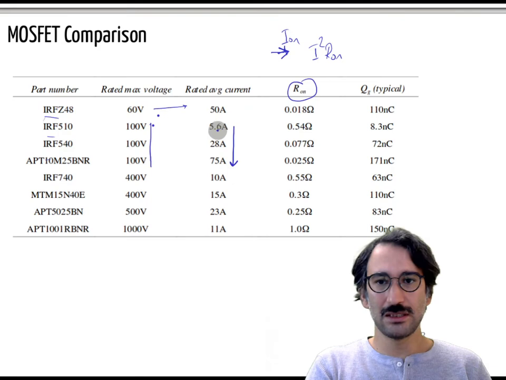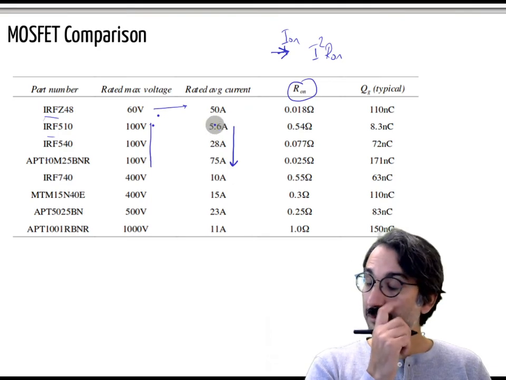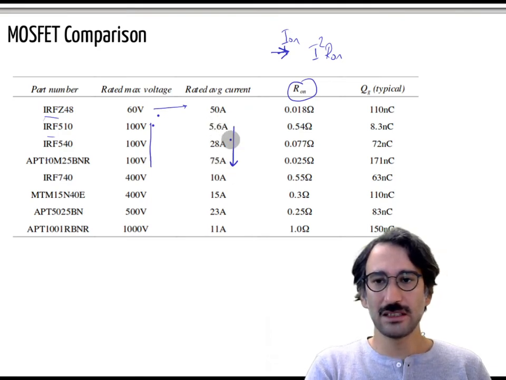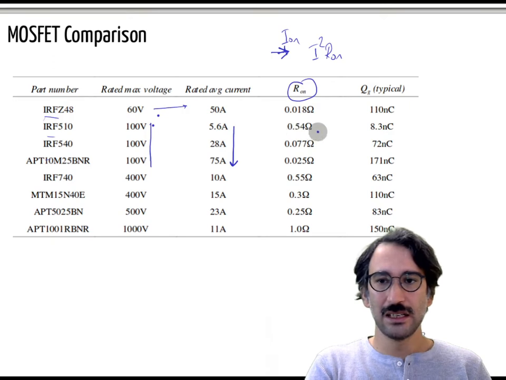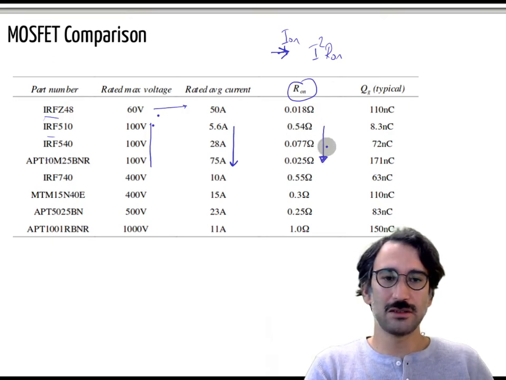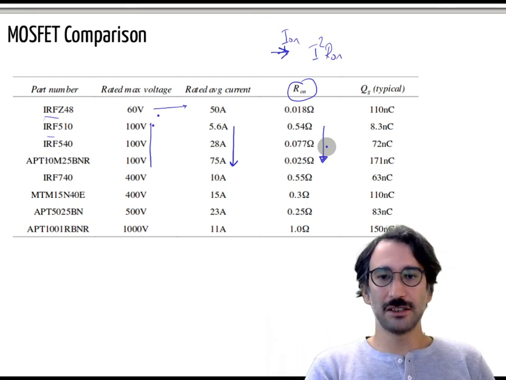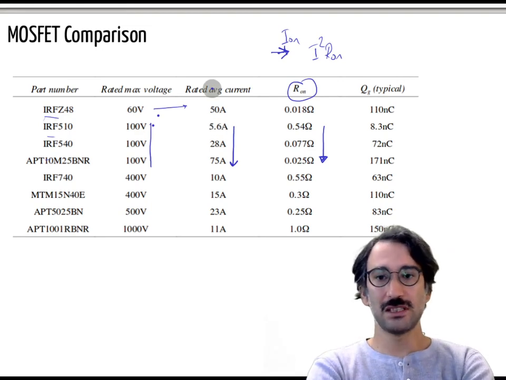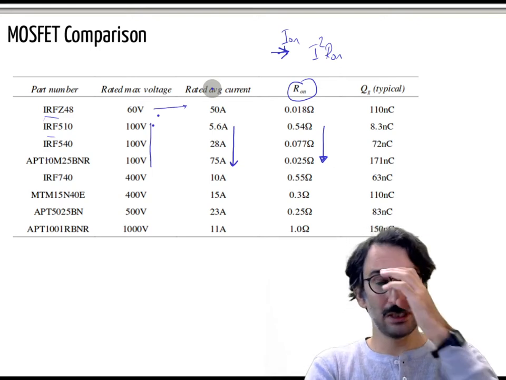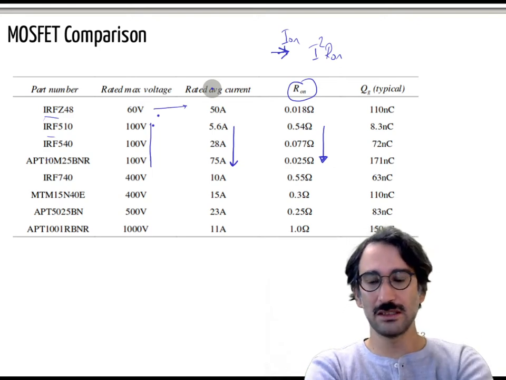Anyway, as you can see here, as the current rating increases, the on resistance gets smaller and smaller, because basically they are making the wafers bigger to carry more current, and it has the same effect as connecting two MOSFETs in parallel, which can be thought of as connecting two resistances in parallel.